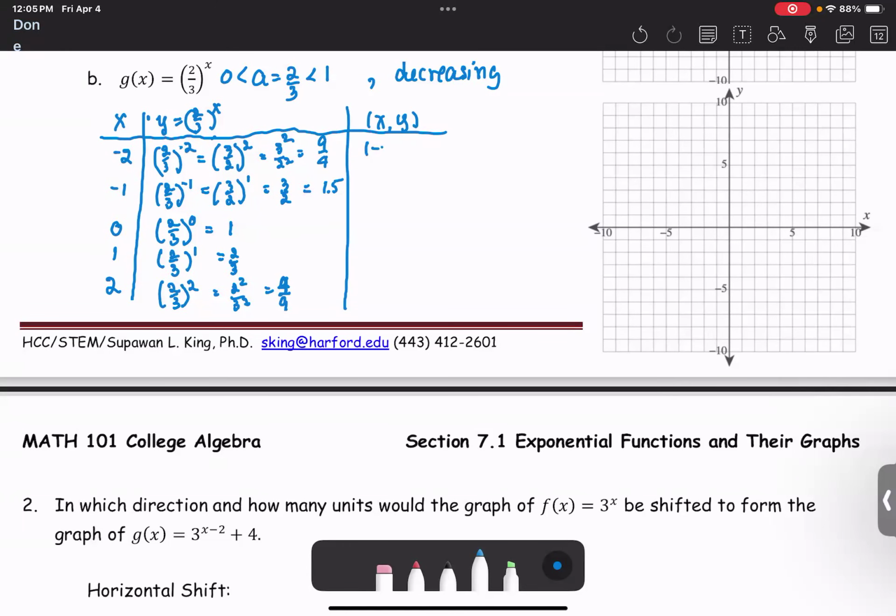So this one could be negative 2, 2.25, negative 1, 1.5, and the next gonna be 0, 1, 1, 2 over 3, which is 0.67 approximately. 2, 4 over 9, that is about 0.44.